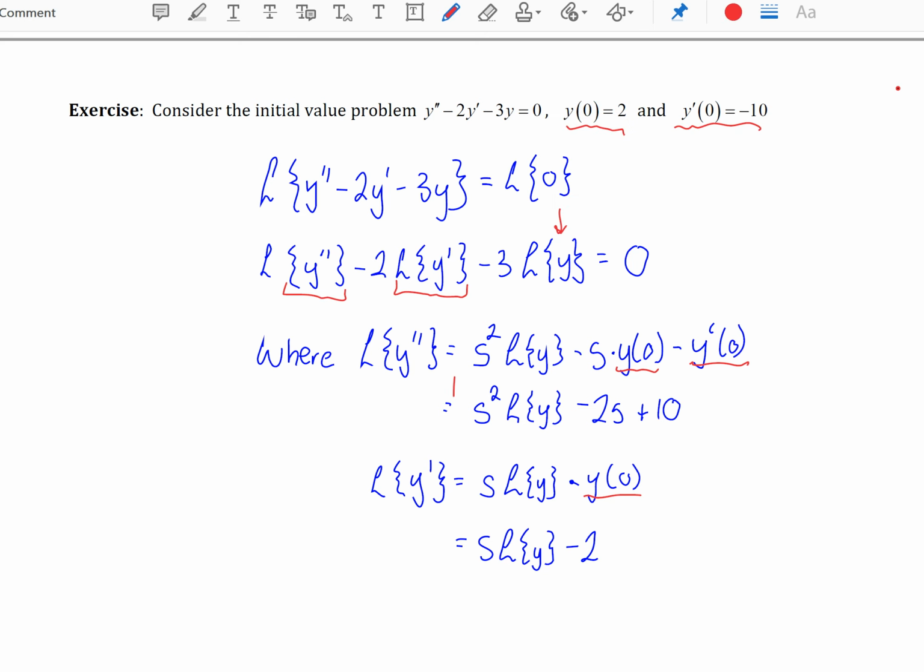Now, let's replace the Laplace of y double prime and the Laplace of y prime into the left side of our differential equation.